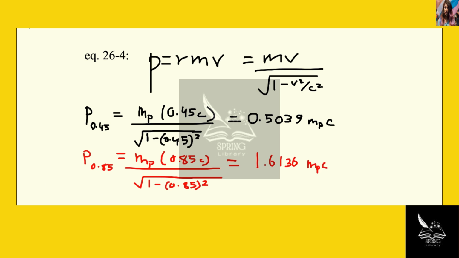And similarly, for 0.95c, I'm not going to work it out. You do the same stuff, except of course changing the speed, and you get 4.9247 mpc. Okay, so now you're armed with the 3 different momenta that you need.